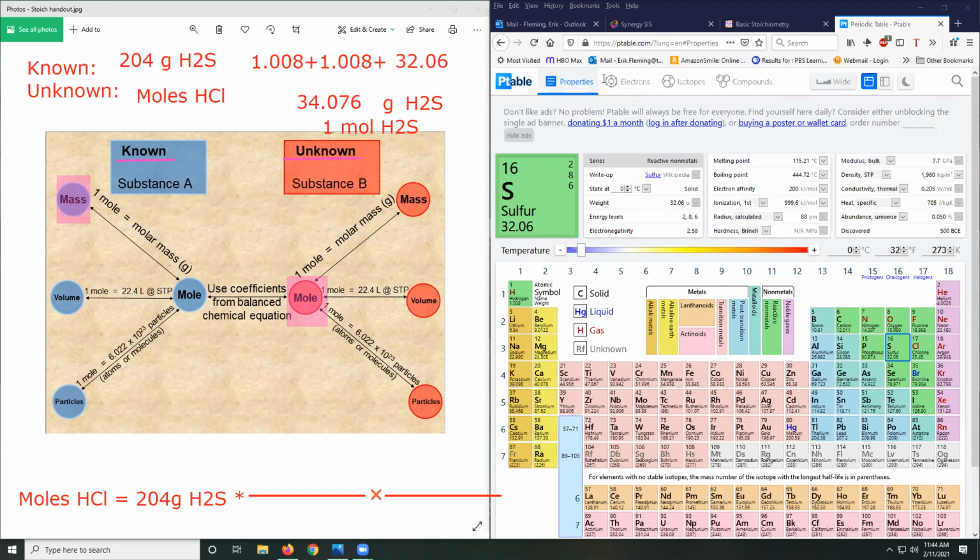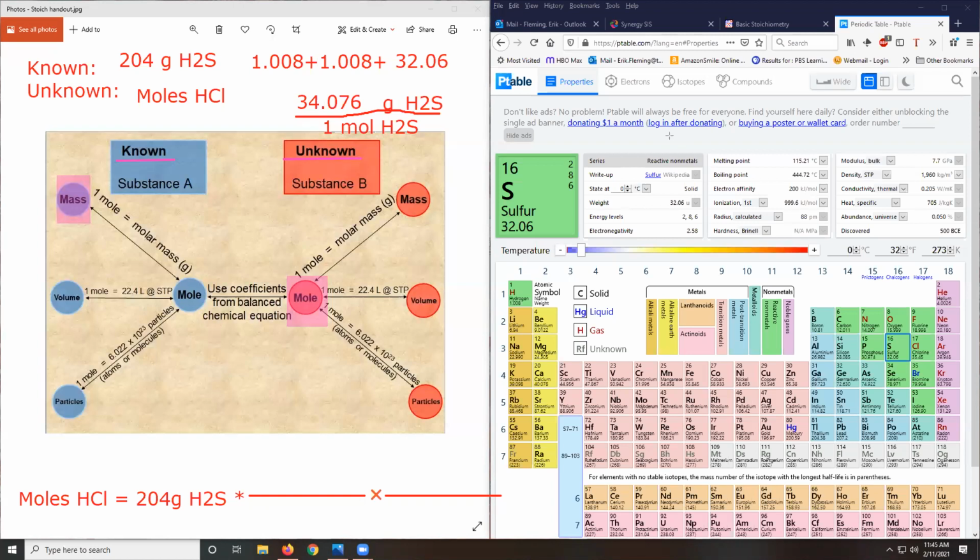Now this is where we have to figure out how to write this, because which one do I want to put on the bottom of the first fraction bar, moles or grams? This is the tricky one. Where do we look to find which thing we put on bottom?